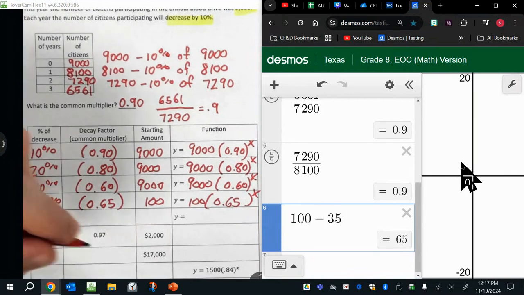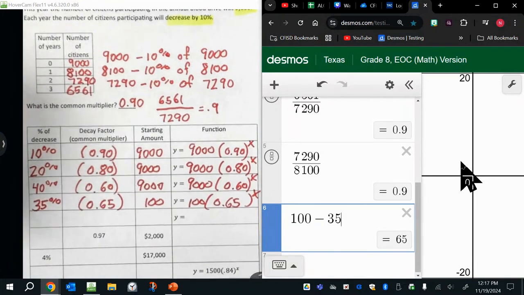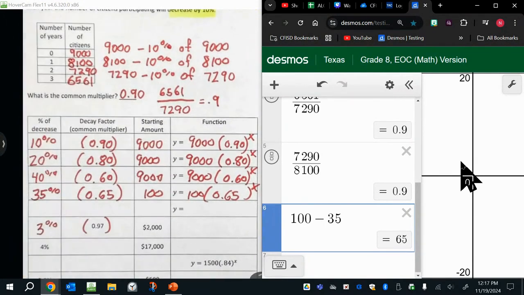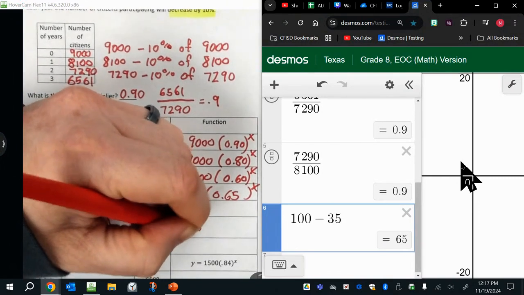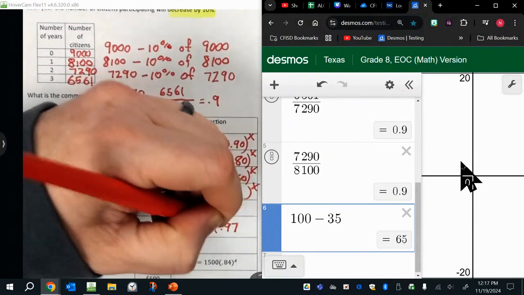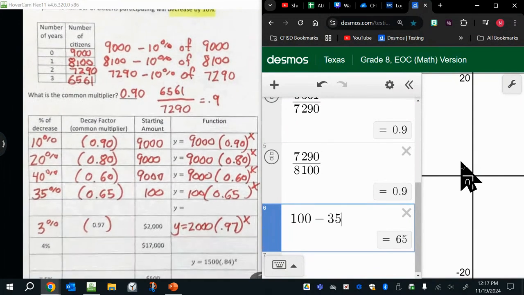Okay. Oh, this is 0.97. So if it's 0.97, then what is that really? It's decreasing by 3%. So this would read y equals, starting with 2,000, with a 3% decrease.